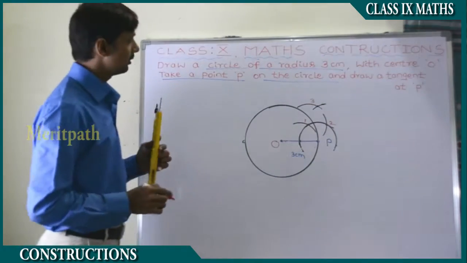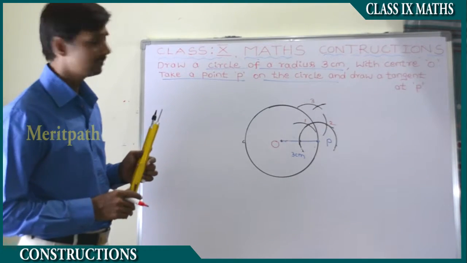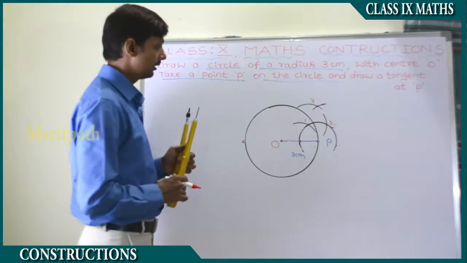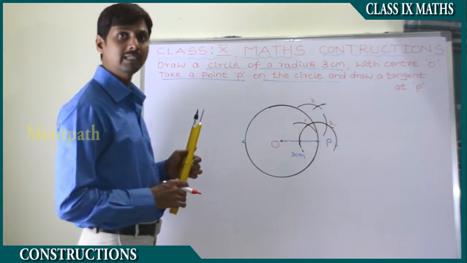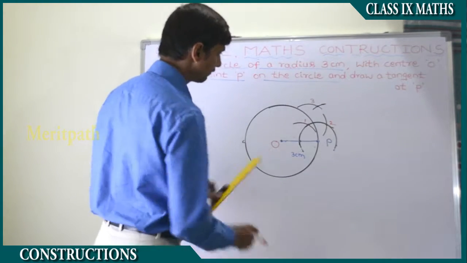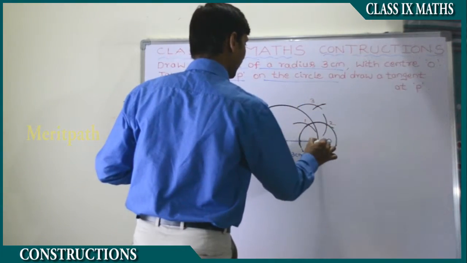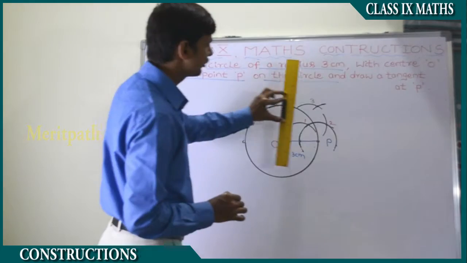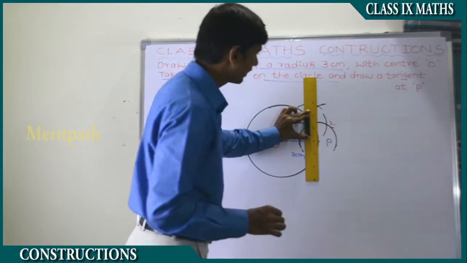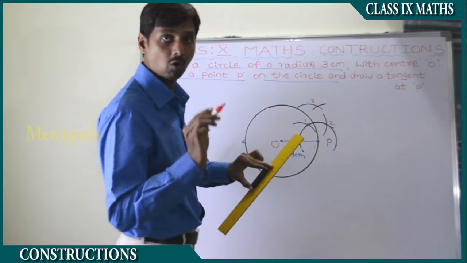Now let's see, the point P and point 3 are the 2 points, and P is on the circle, and let's join point 3 and the point P. Let's see what we are getting here. The point 3 and point P. Let's join this. See, we can observe that point 3 and point P are on the same line.